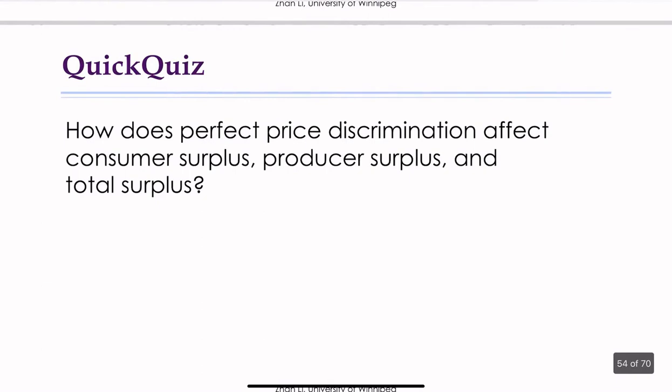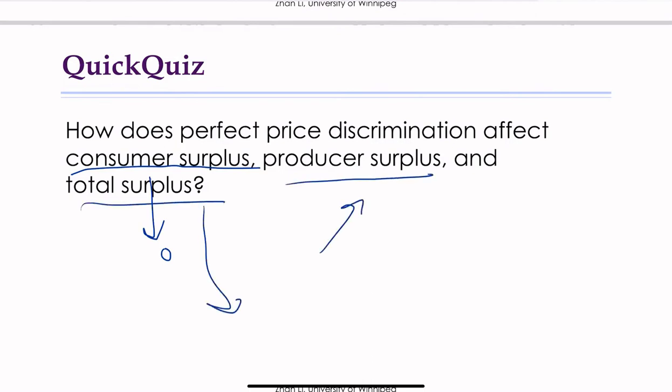Okay. The quick quiz asks, how does perfect price discrimination affect consumer surplus, producer surplus, and total surplus? So if we compare perfect price discrimination with the case when the monopolist charges a single price, we know that consumer surplus drops to zero, producer surplus increases, and total surplus increases.